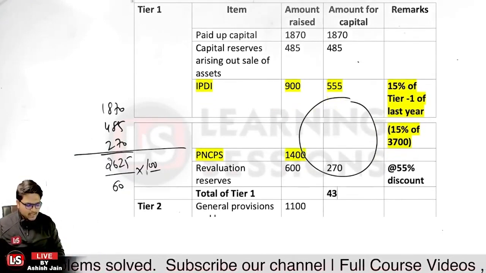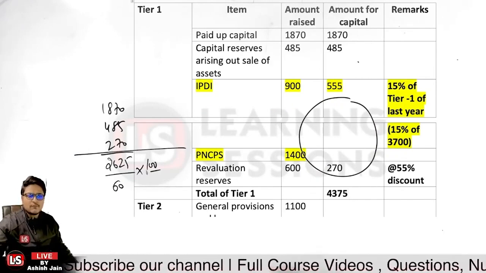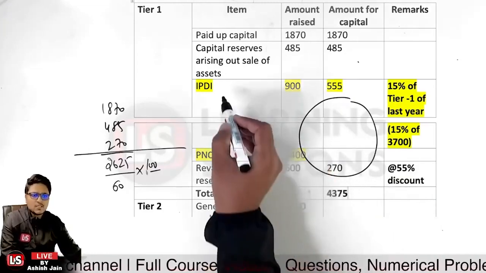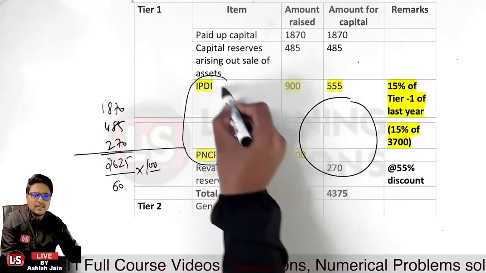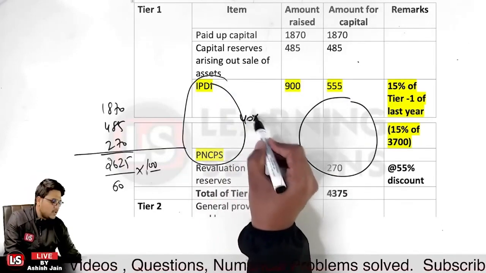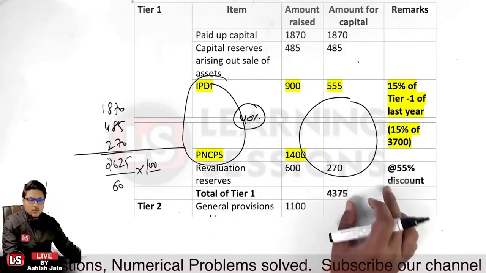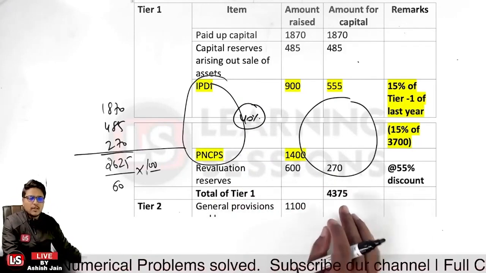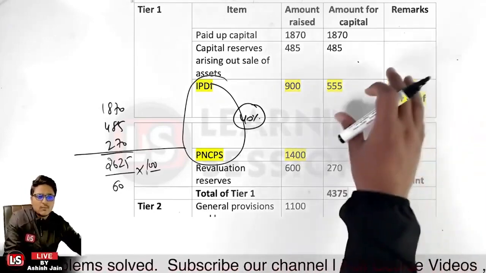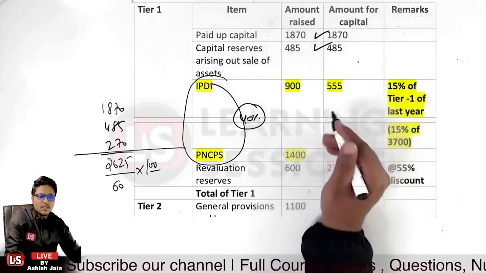Let me repeat this step. How did we calculate 4375? First of all, we wanted to calculate the value of the PNCPS and IPDI. The total component of IPDI and PNCPS is limited to 40% value of tier 1. We have already calculated the other components, which I am marking over here.